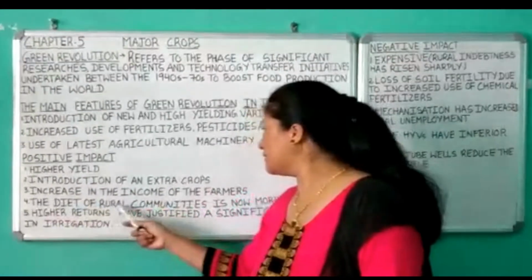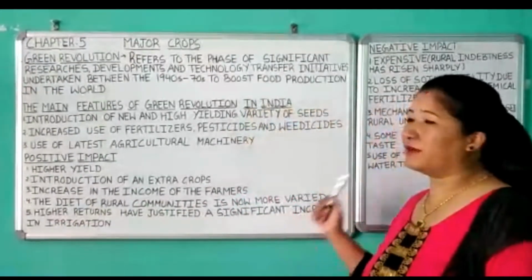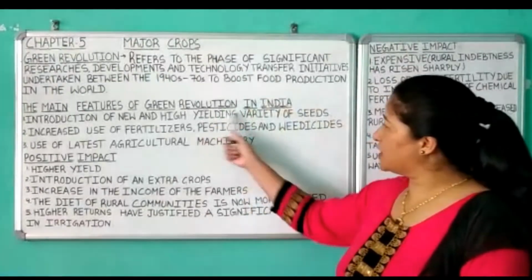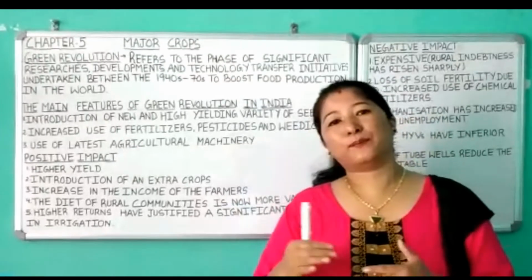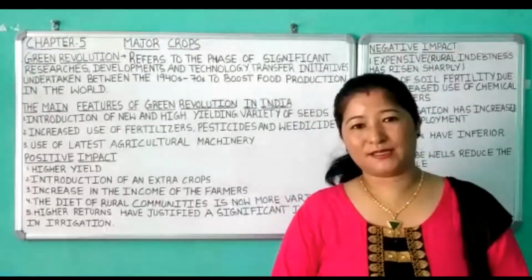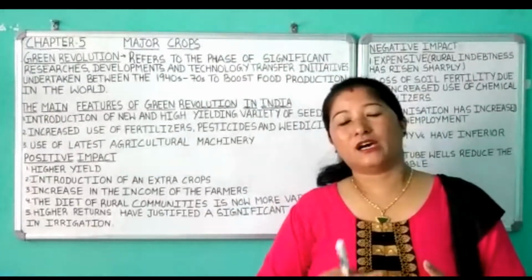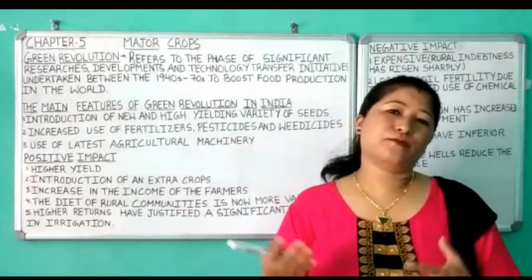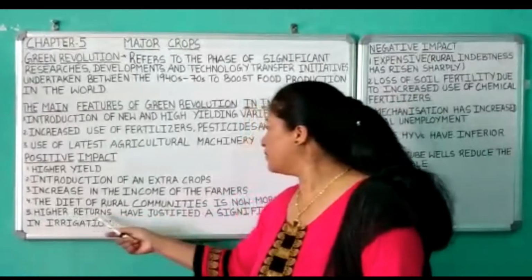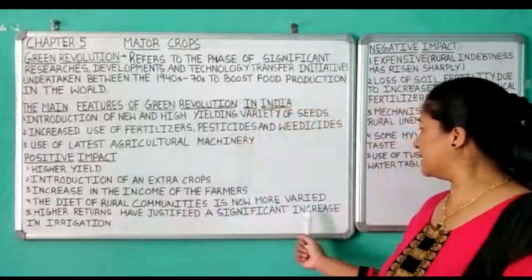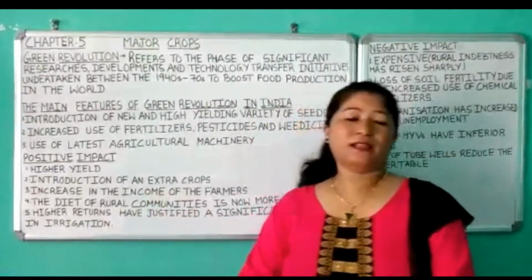Number four, the diet of the rural communities is now more varied. Because of the introduction of these HYV seeds, there is a change in the food intake of the people living in the villages. That means now they are taking more nutritious food in their diet. Number five, higher returns have justified a significant increase in irrigation.